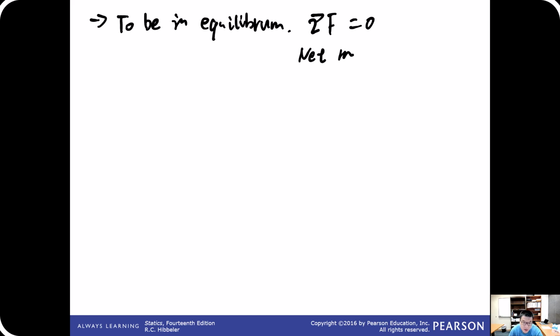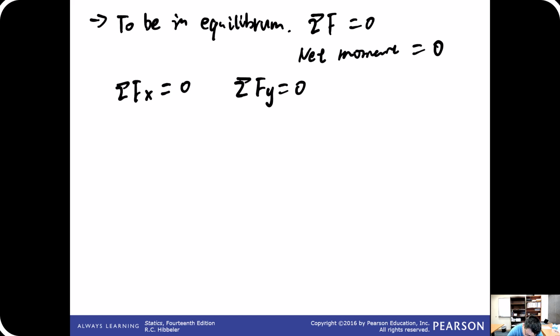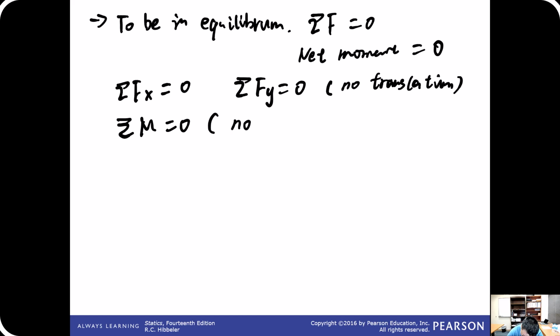Net moment should also be equal to 0. To be more specific, sum of Fx equals to 0, sum of Fy also equals to 0, and sum of the M equals to 0. The top two equations make sure our rigid body has no translations, and the sum of the M equals to 0 makes sure our rigid body has no rotations.